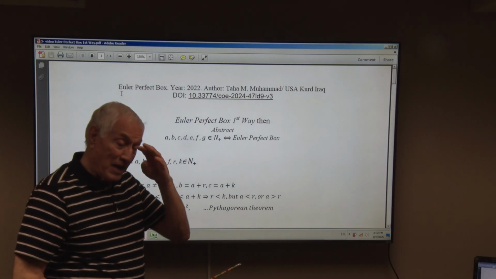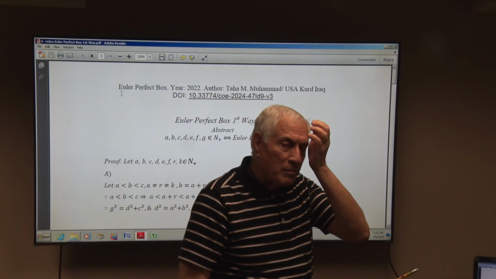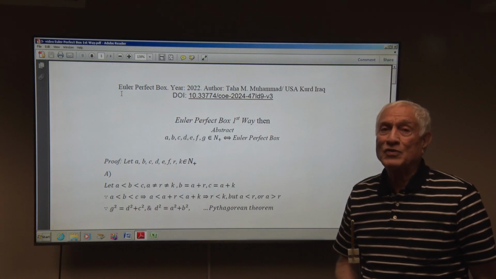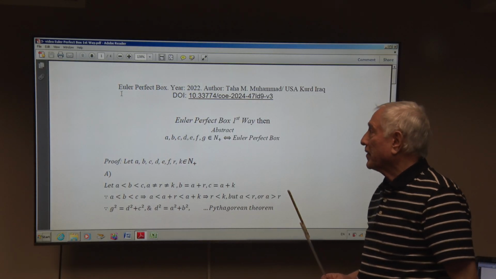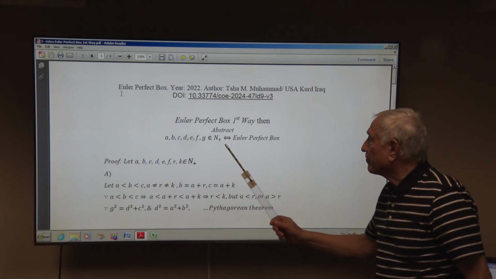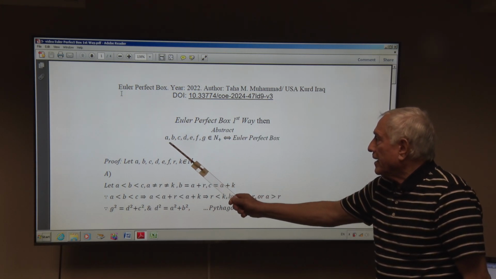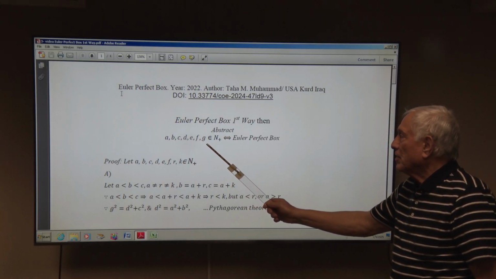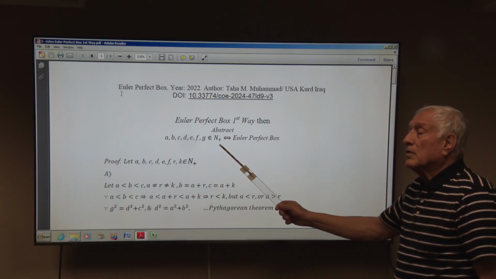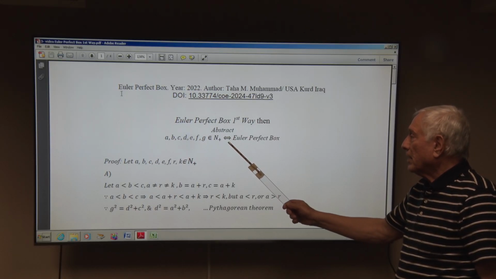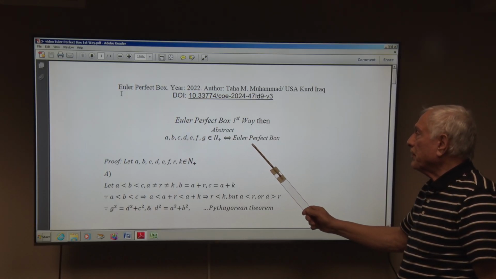Today I will talk about the Euler perfect box, first way. Last time I think I talked about the second way. This is the first way, a very important way. A, B, C, D, E, F, G belong to the natural numbers if and only if we have an Euler perfect box.